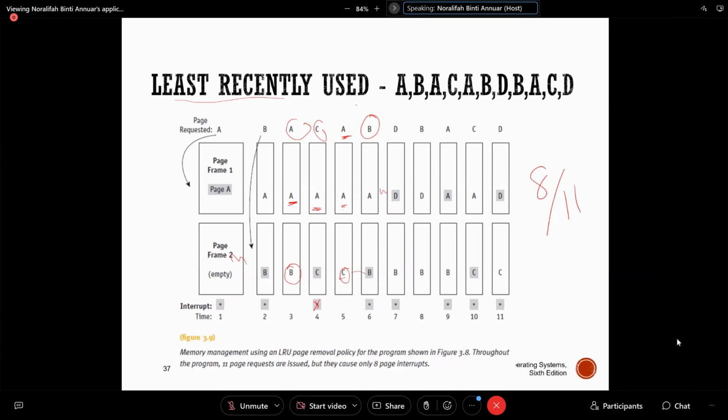Tadi page tu apa, segment tu apa, FIFO tu apa, LRU tu apa, and what is the page for? Apa maksud dia ni? If the request is for that particular page, but it's not existing in the main memory, so it's a page fault. So you tanda dengan asterisk, interrupt. So they need to load it from secondary storage into the main memory. Okay, itu maksud dia.